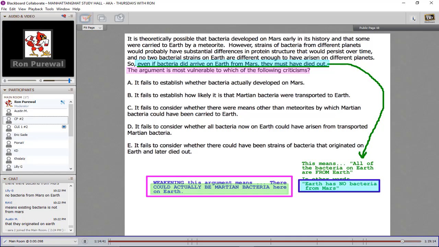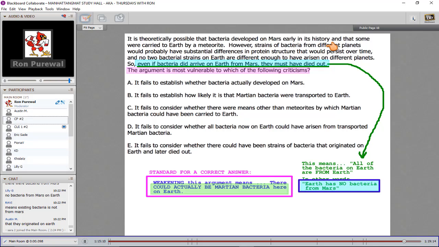That's what you want. That's the goal. It's the standard for a correct answer. Remember, you need to do that before you look at the answer choices, ladies and gentlemen. There's some sort of evidence or some sort of reason why there still could be Martian bacteria.